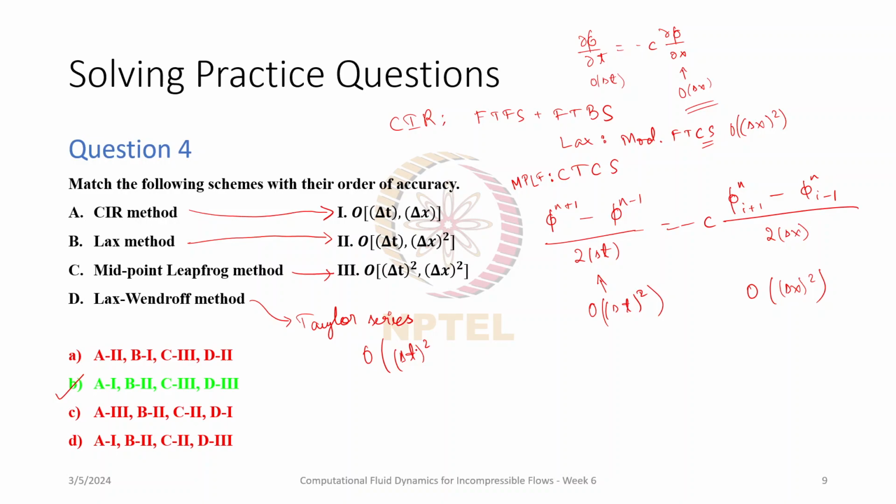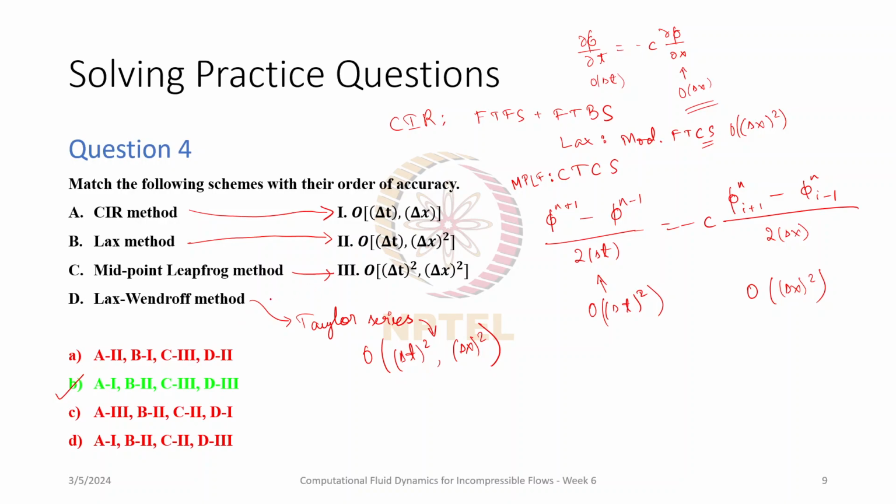The first truncated term, the higher order term, is second order in time. If you want, I can discuss this method, but you can go back and take a look at the lecture on how it's derived. So that gives us second order accuracy in both time and space.